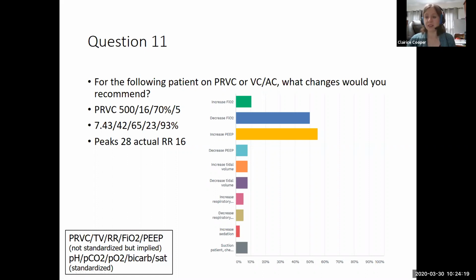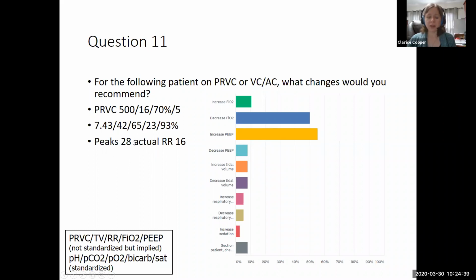However, if we take this to the next level and really think about this patient critically, we want to consider that their peak airway pressures are approaching a higher range.